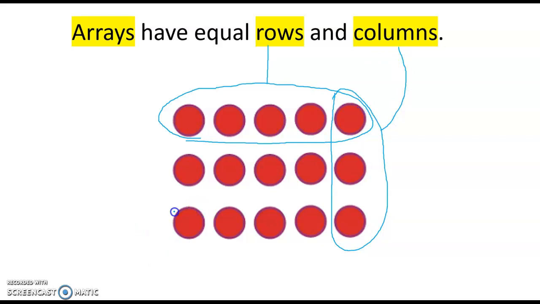If I were to take one out, I would no longer have an array because my rows would not be equal and my columns would also not be equal. So we have to make sure our arrays have equal numbers in each row and equal numbers in each column.